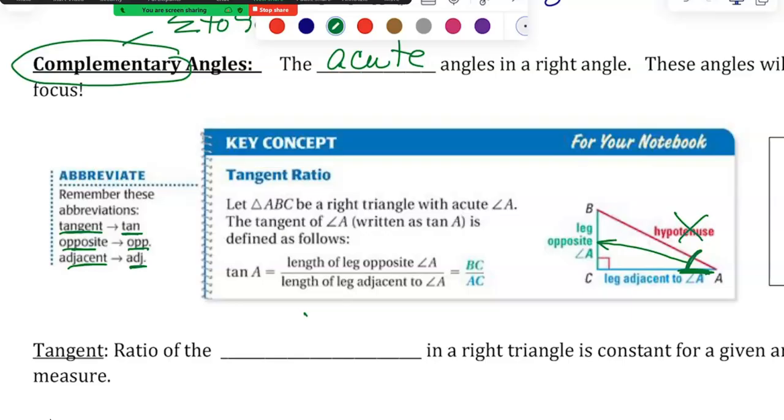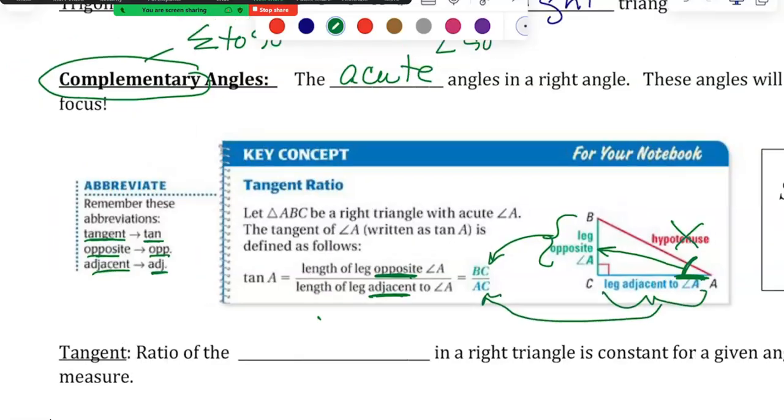So if you want to figure out the tan of angle A, tan is the length of the leg opposite angle A over the length of the leg adjacent to angle A. So it ends up being BC, which is right here, over AC. And we'll do more with this down below.